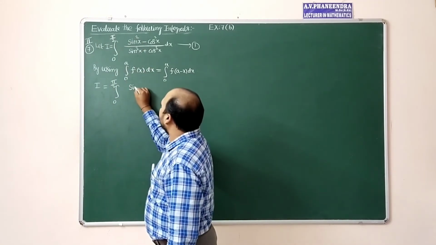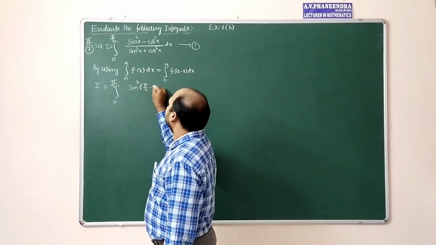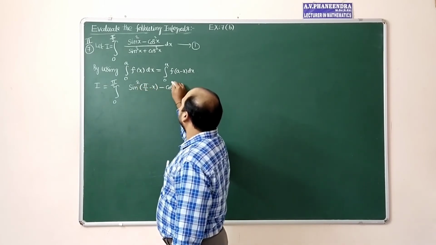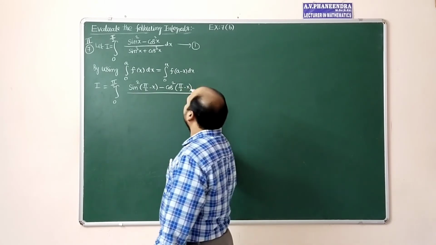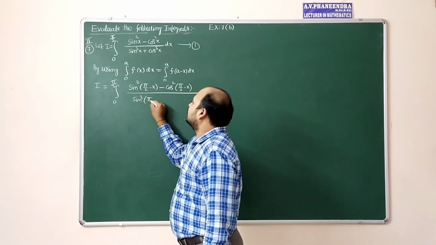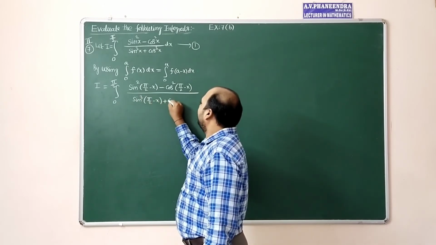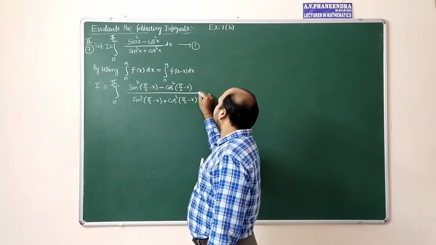So I equal to integral 0 to pi by 2 of sine square of (pi by 2 minus x) minus cos square of (pi by 2 minus x) divided by sine cube of (pi by 2 minus x) plus cos cube of (pi by 2 minus x) into dx.